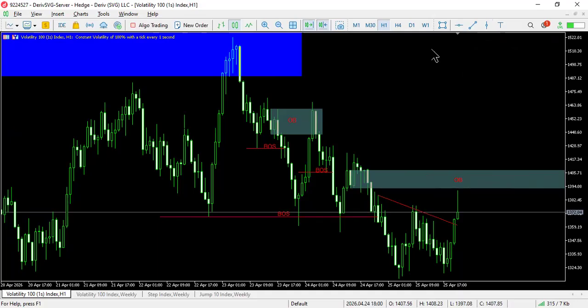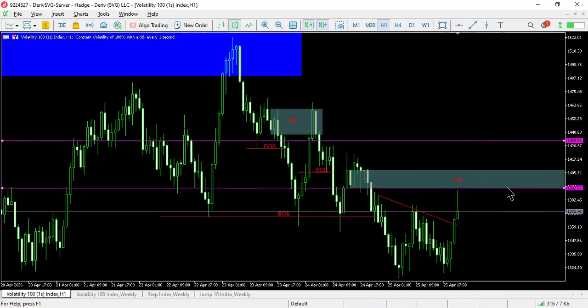Now, if you want to enter this trade with me, these are the coordinates of the sell limit.